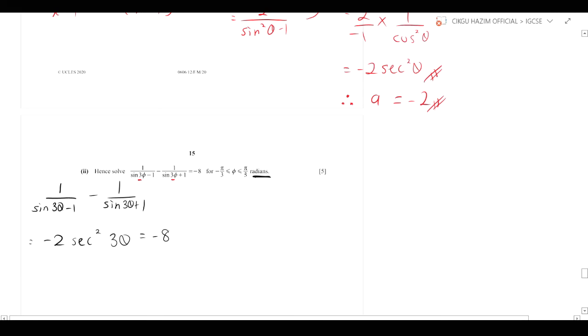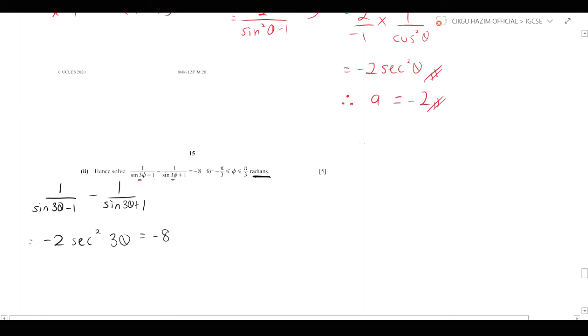Of course everything is in radian, but my recommendation and advice is, we have learned trigonometry in degree for a very long time, and we are used to degree for quite some time. So my advice is just change everything to degree first. You get your final answer in degree first. After you get your final answer in degree, then you change it back to radian.